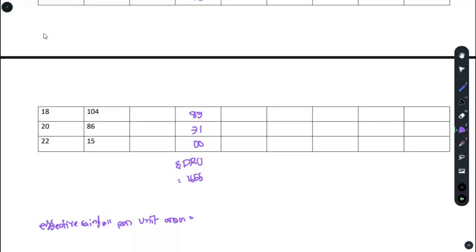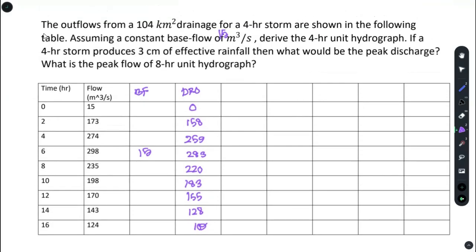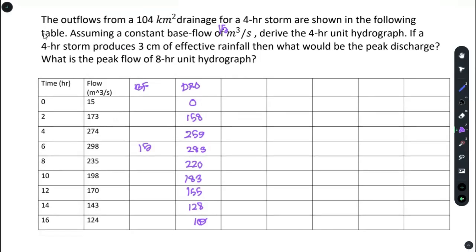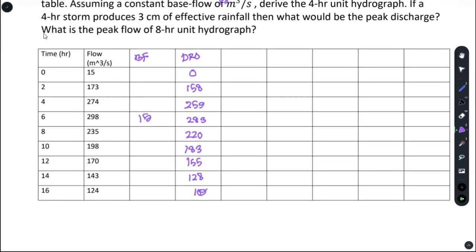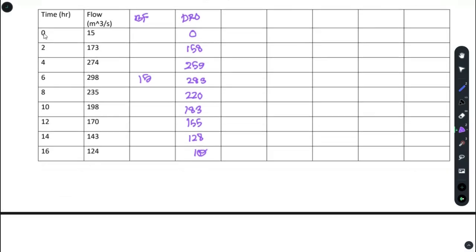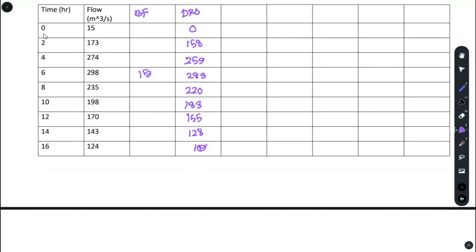Let's see from the question. 4 hour storm. It was for a 4 hour storm. And direct runoff was in meter cube per second. Here you need to find out the volume.